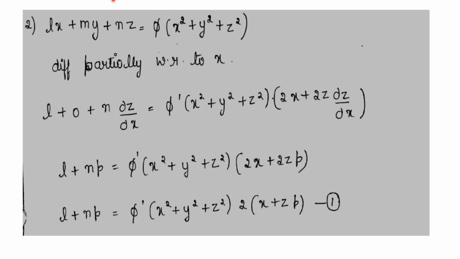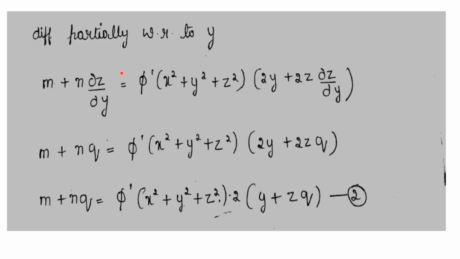Next we'll differentiate this given equation partially with respect to y. So differentiating equation 1 partially with respect to y, differentiation of Lx with respect to y is 0, so that is why I have not written that.